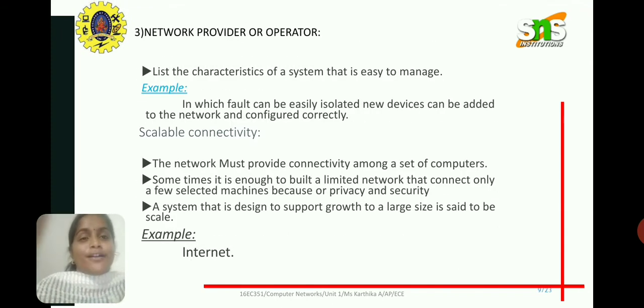Next one is, what's the role of network provider or operator? List the characteristics of a system that is easy to manage. The system should be easy and manageable. For example, suppose any fault is located in the computer network, it can be easily isolated and configured correctly at the particular time.